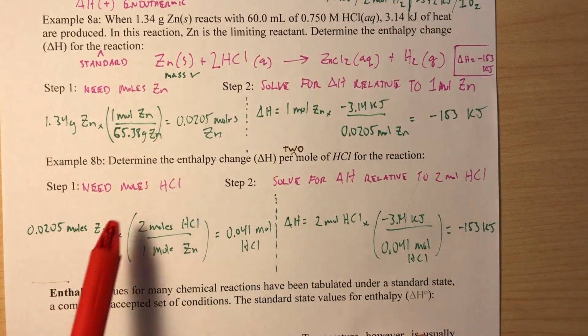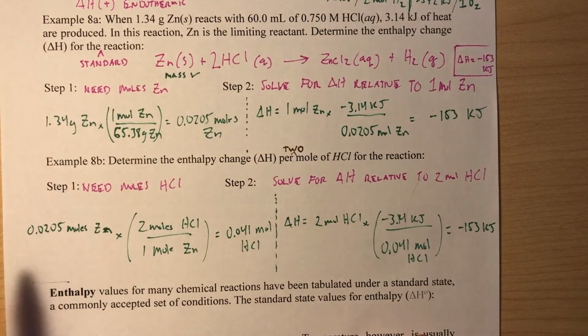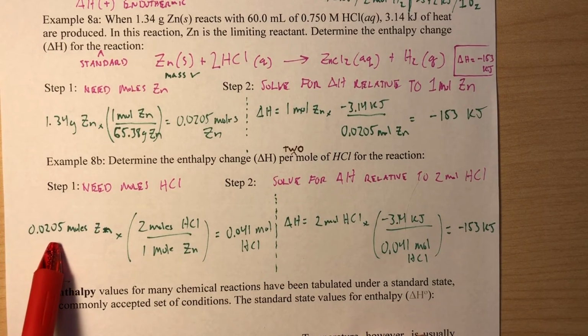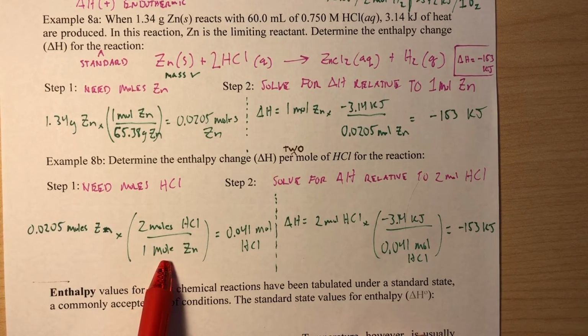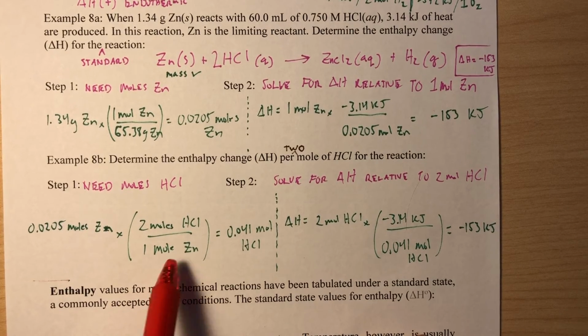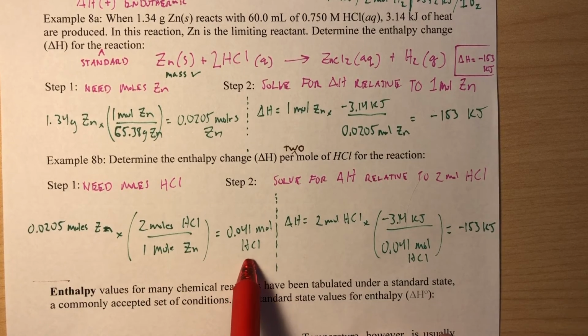Zinc is the limiting reagent, so we have to do that based on zinc. So 0.0205 moles of zinc, we can multiply by the stoichiometry of the reaction. 2 moles of hydrochloric acid react for every 1 mole of zinc, and that leads us to a situation where we discover that 0.041 moles of hydrochloric acid are reacting.